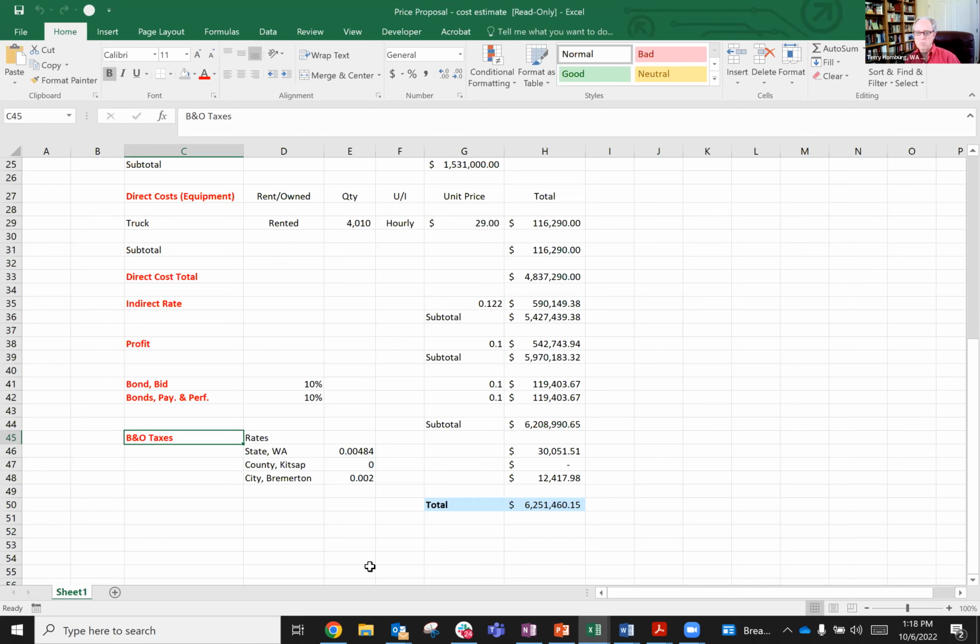It's all based on where you're performing work. This is a very simplified cost proposal, but it has all the components that we'll be reviewing and coming back to. You can see in blue down there that the grand total for this cost proposal is $6.2 million. And we'll be talking a little bit about that too.